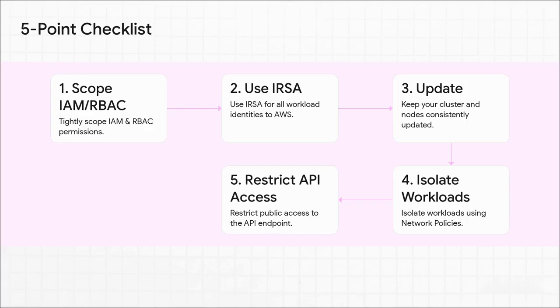No giving out overly broad access. 2, use IRSA for everything. Make static keys a thing of the past. 3, stay up to date. Patch your clusters and nodes all the time. 4, isolate your workloads with network policies. And 5, lock down that API endpoint. If you follow these 5 principles, you will be well on your way to a truly hardened, secure cluster.